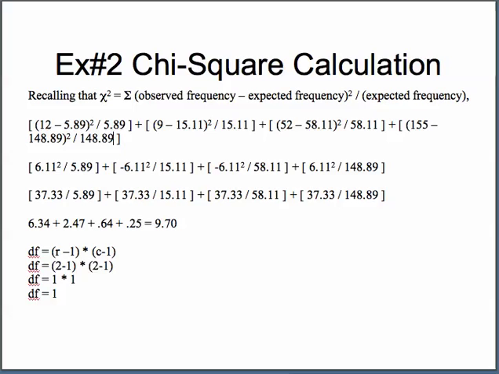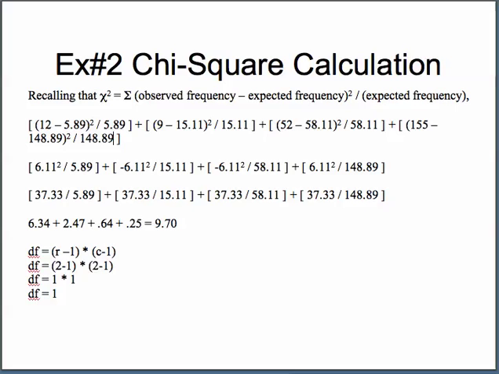37.33 divided by 5.89, 37.33 divided by 15.11, 37.33 divided by 58.11, 37.33 divided by 148.89. 6.34 plus 2.47 plus 0.64 plus 0.25 equals 9.70. df equals the number of rows minus 1 times the number of columns minus 1.